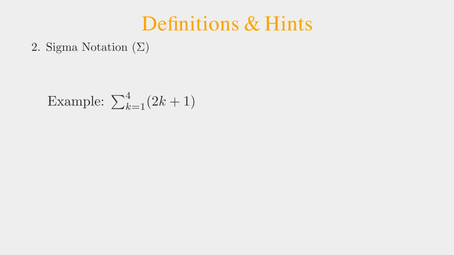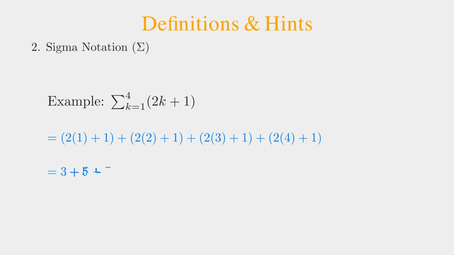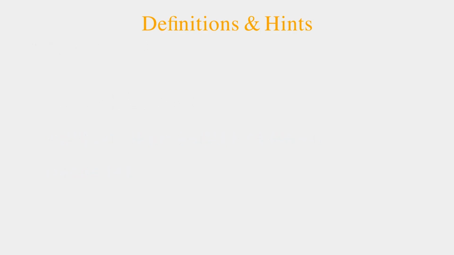For instance, sigma from k equals 1 to 4 of 2k plus 1 would expand to 3 plus 5 plus 7 plus 9. This notation is super important for IB exams, especially when dealing with longer sums or defining patterns.